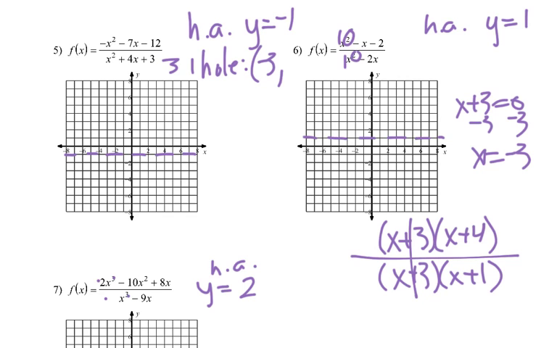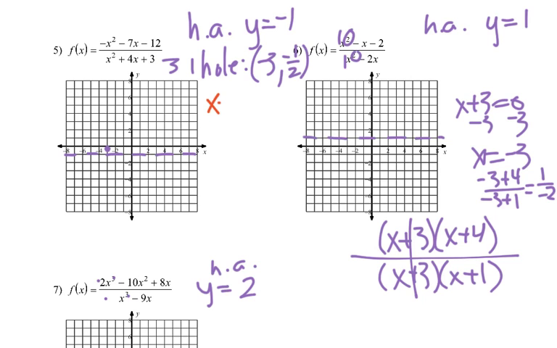Then to find the y value, I put -3 into these x's. So I get -3 plus 4 over -3 plus 1, which would give me a +1 over a -2, so -1/2. So at -3, -1/2, I've got a hole right there. Okay, that purple one represents a hole. I just couldn't do it very well.